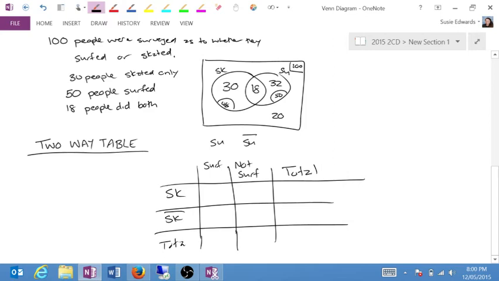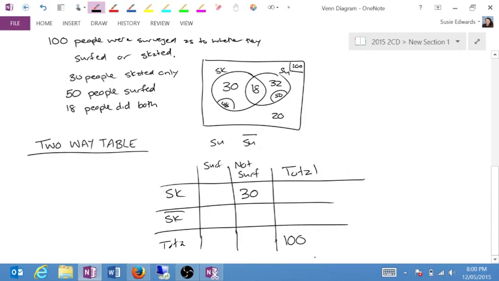So the aim of a two-way table, this is really easy marks, usually worth about 3 marks, is to fill in all 9 sections from the question. So 100 people were surveyed, that goes in the total. 30 people skated only means the total for skating and not surfing is there because they skated only. 50 people surfed is for the whole group of surfing people.